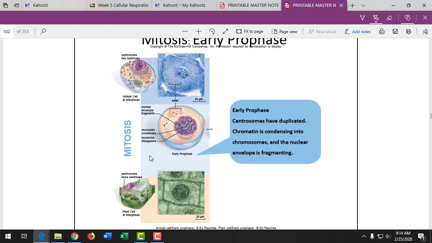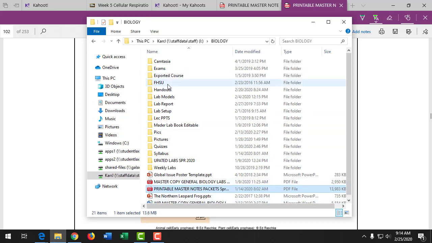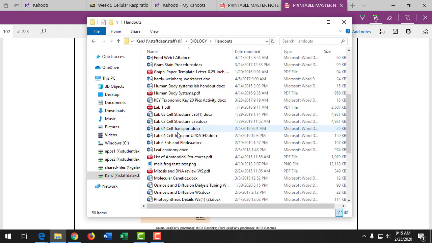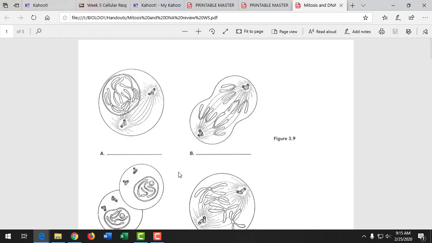So you have this worksheet here. I'm going to pull it up. I just saw it, mitosis right here.